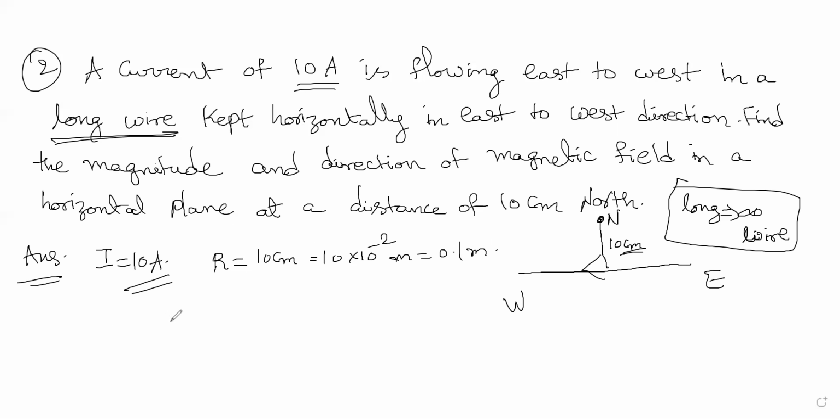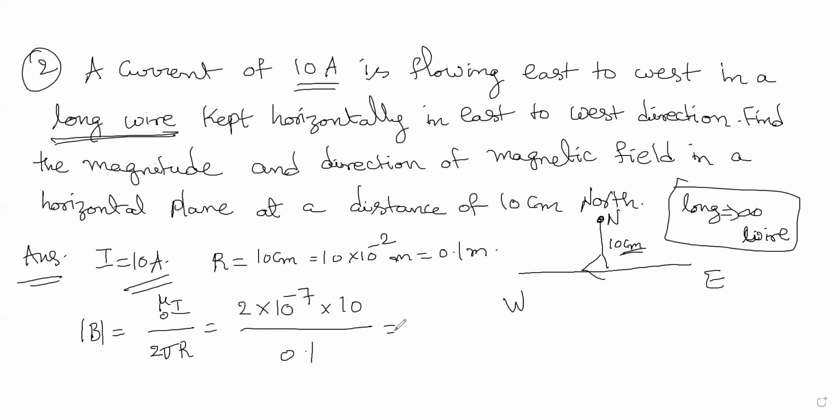So let's calculate the magnetic field. B is about mu naught I divided by 2 pi r. That's the expression for us. Now mu naught by 2 pi is 2 into 10 power minus 7, I is 10 amps, and the r value is 0.1.